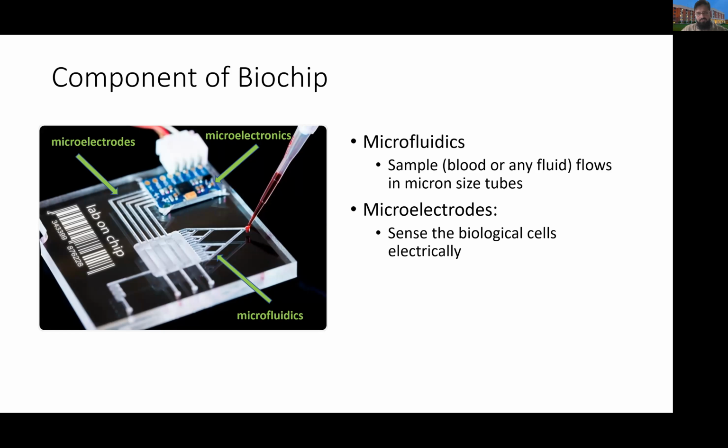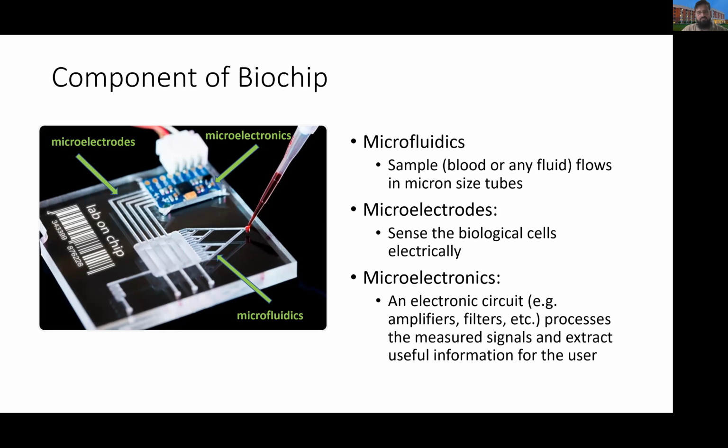Microelectrodes are there to electrically sense whatever you want to sense in the blood sample, and the microelectronic part is a circuit that can have many subcomponents like amplifiers, filters, etc., that will process the signal and extract the useful information for the user.